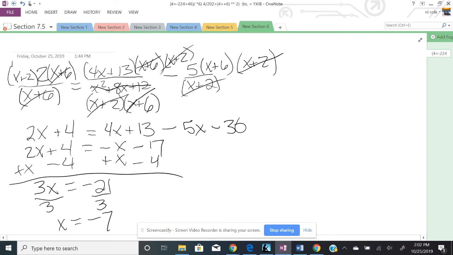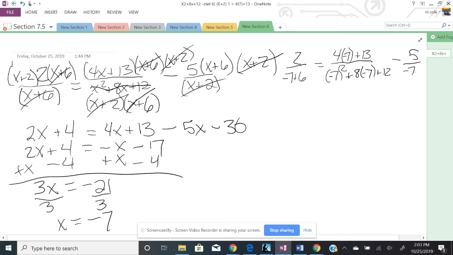Okay, and the last thing I have to do is check my answer. So is 2 over 7 plus 6 equal to 4 times 7 plus 13 over, oops, it's supposed to be a negative 7, huh? Negative 7 squared plus 8 times negative 7 plus 12 minus 5 over negative 7 plus 2.